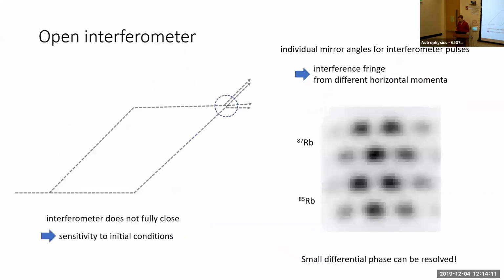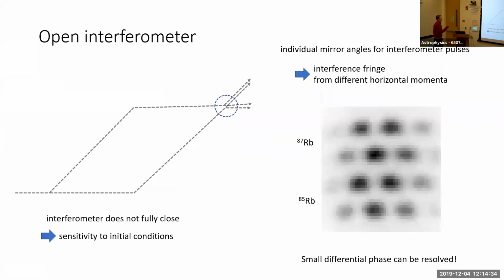Okay, so what do we actually do? A two-dimensional open interferometer. So we slightly change the angles of our interferometer beams such that there is a phase shift in the horizontal direction. So there will be a horizontal momentum difference, and that can be seen in a phase shift across the horizontal direction.